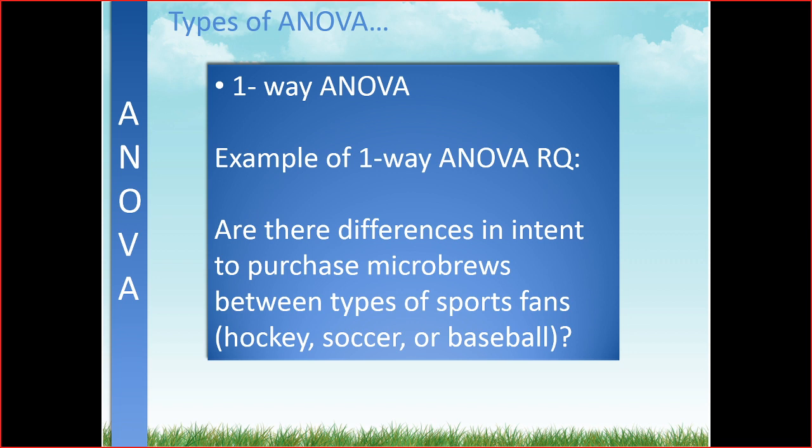You can also pose these as hypotheses. Let's say that we knew that soccer fans, football fans properly, like microbrews and seem to buy them in larger amounts than other kinds of sports fans. If that was what previous research had found, you could make that a hypothesis by saying, football fans are much more likely to purchase microbrews than other types of sports fans.